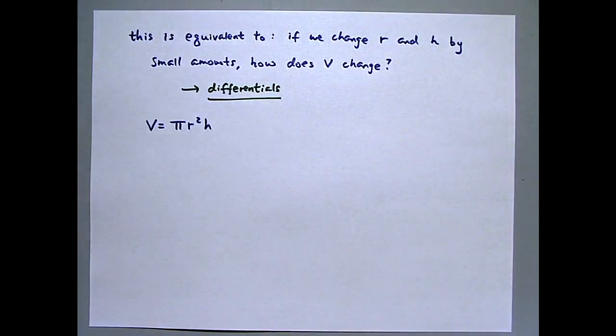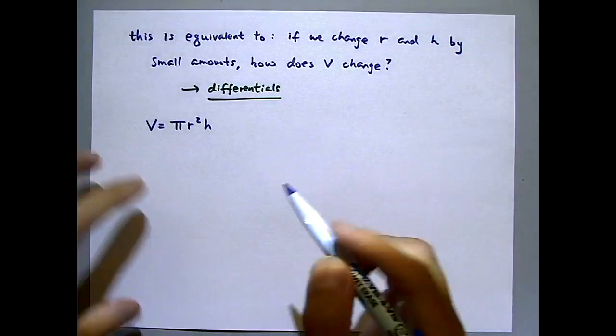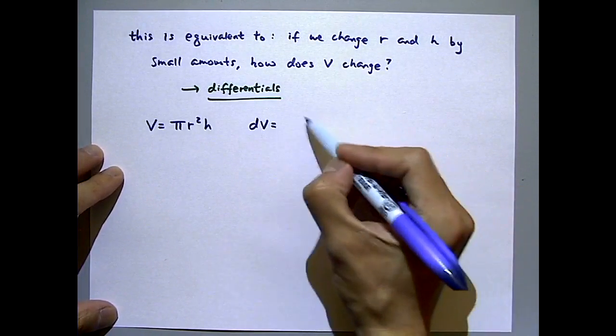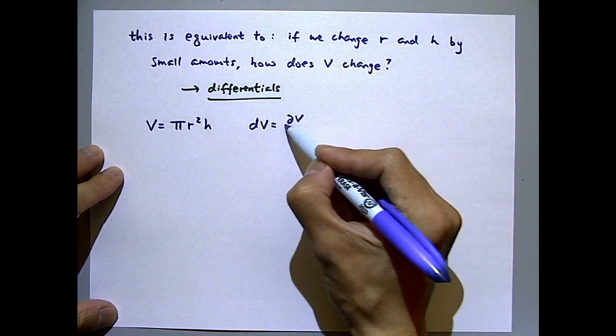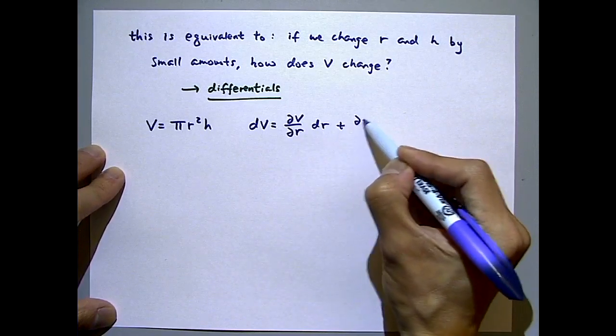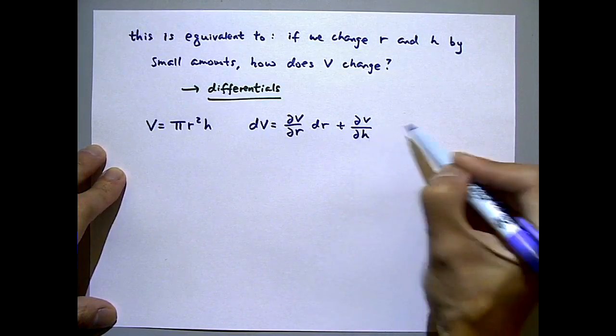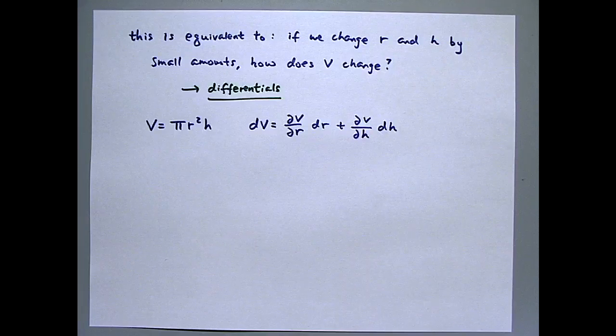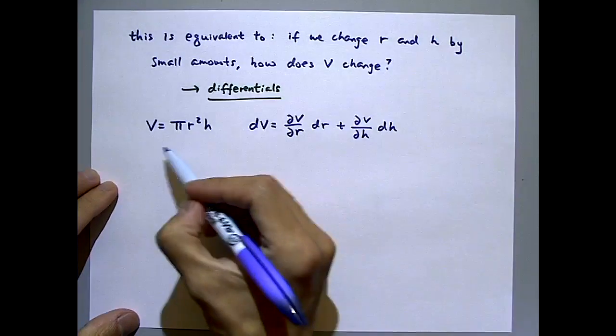So here's the volume formula. The differential in the volume, dV, remember this is the partial derivative with respect to r times dr plus partial derivative with respect to h times dh. Remember that? Okay. So let's see what this turns out to be.